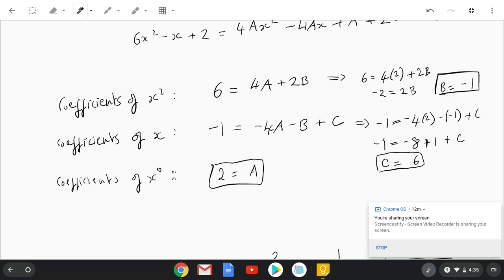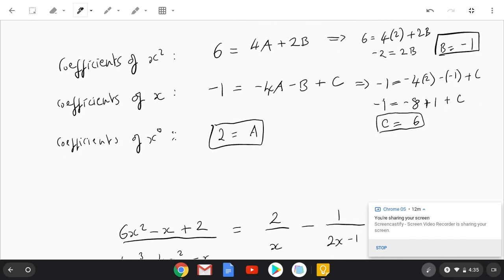With the value of b known and a known, now we can plug those in and work out c. So that's minus 1, minus 4 times 2, that's minus 8. That's minus 1 plugged in there, and there's a negative sign here, so that becomes plus 1. So that's minus 7 here. Move it onto that side, it's plus 7. That gives you 6 for the value of c.